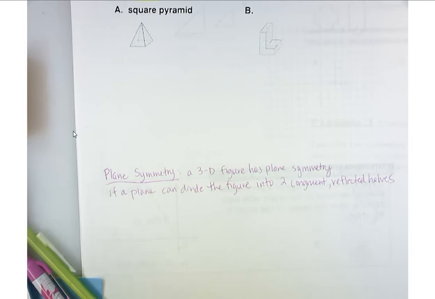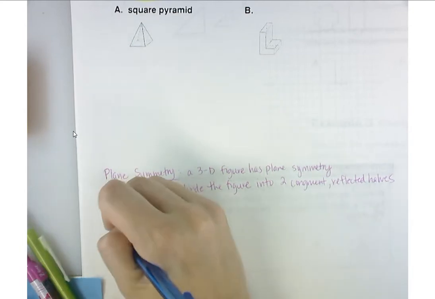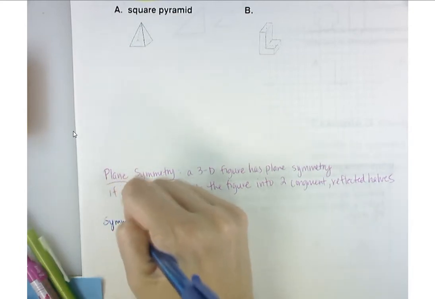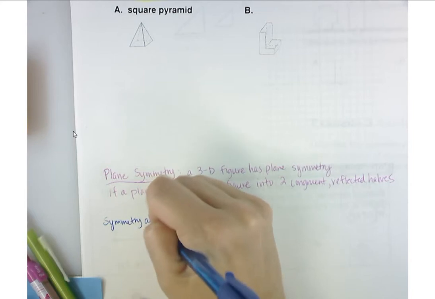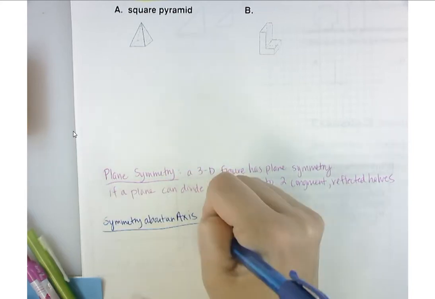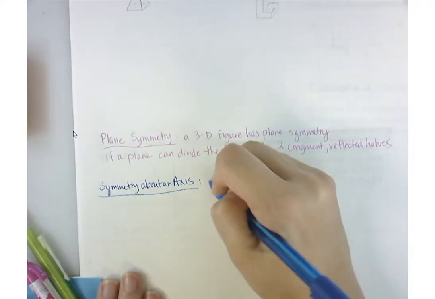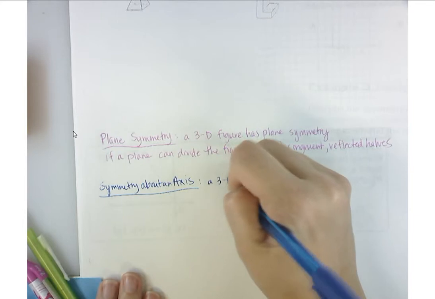Okay, and then symmetry about an axis is the second type. Symmetry about an axis is going to occur in a 3D figure.